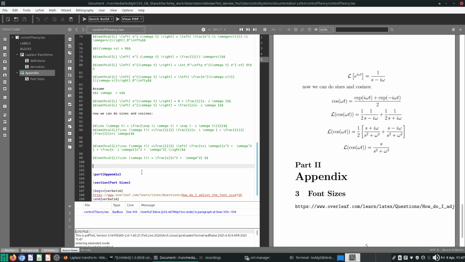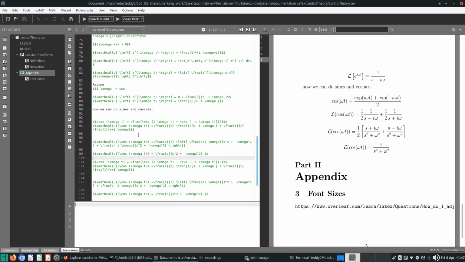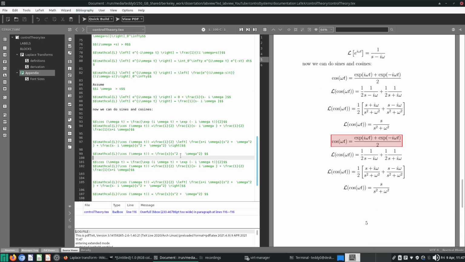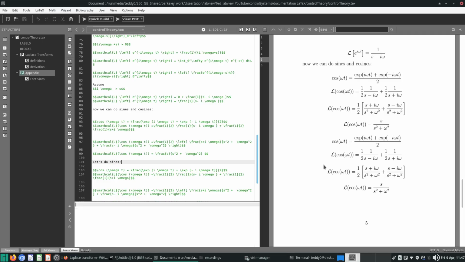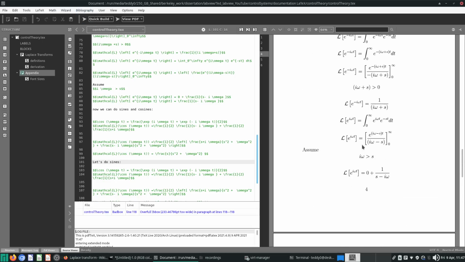And let's do sines then. I'm just gonna copy and paste all the things about cosines. So what's the definition?